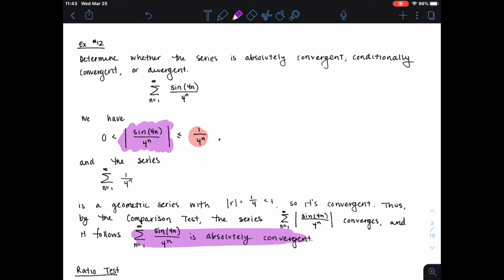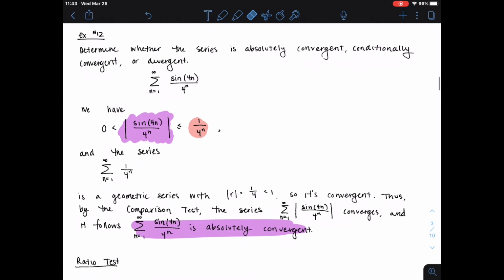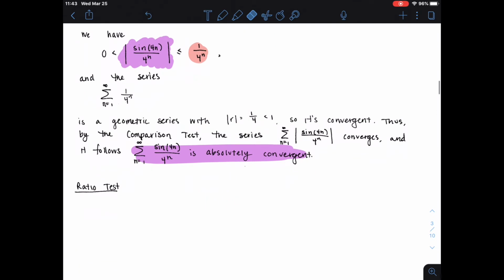And if you went to apply the comparison test on the original one, then you'd be able to see the same thing. But you would run into a bit of a problem because you would have to show that sine of 4n is always positive, and that was a little bit tedious to do, and you probably can't actually even do it. So absolute convergence is going to be better for us.